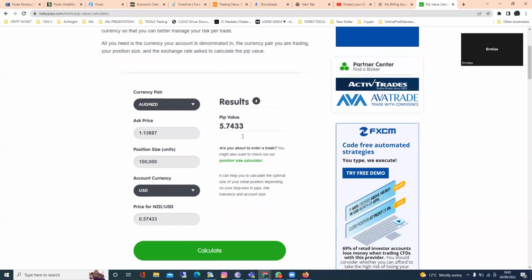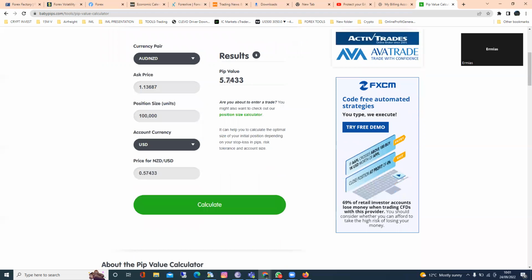So for Aussie New Zealand now, the pip value is 5.7. It's not exactly up to 10, if you get where I'm coming from. And some currencies will be up to 10. It depends on their exchange rate at that current point in time.